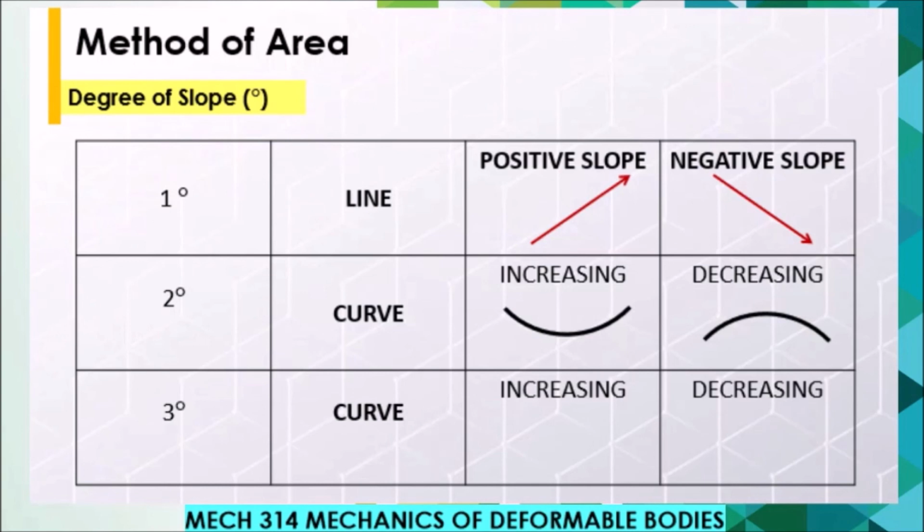So, ito, importante ito, class. At sana matandaan nyo, kasi ito yung gagamitin natin na basis sa pagdodrawing natin na shear and moment diagram gamit yung method of area. Okay? So, para masabi na increasing yung slope kapag under tayo ng second degree, so, ang curve dapat natin is concave upward.